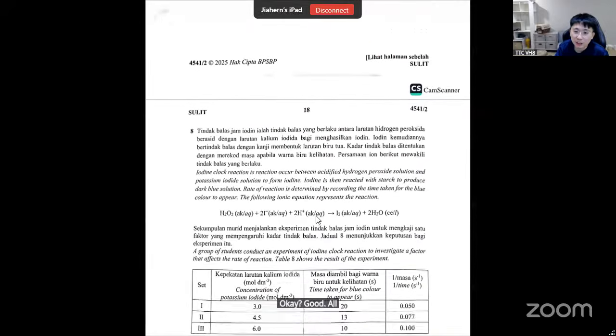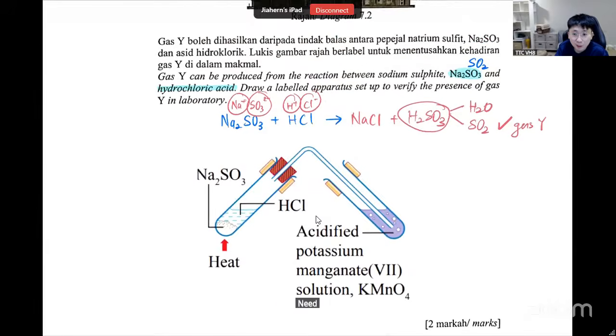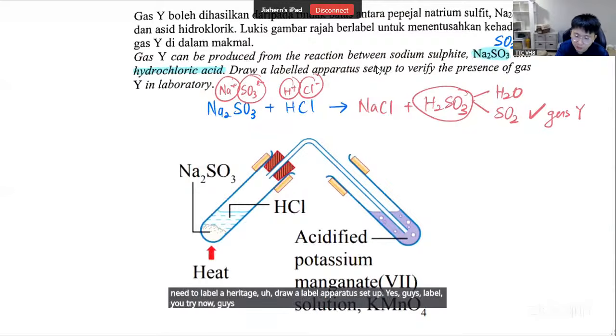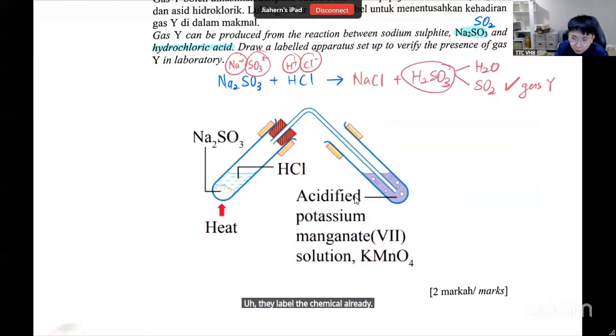Okay, now guys, let's go for the essay. You need to label the apparatus and draw a labelled apparatus setup. You try your best to label, because it's 2 marks. They label the chemicals already. The apparatus usually doesn't need labelling, because a labelled diagram is to label the chemicals. But if you want, you can just label everything.